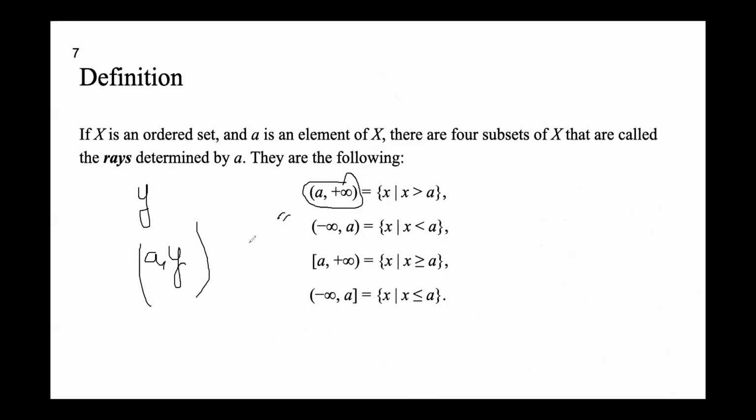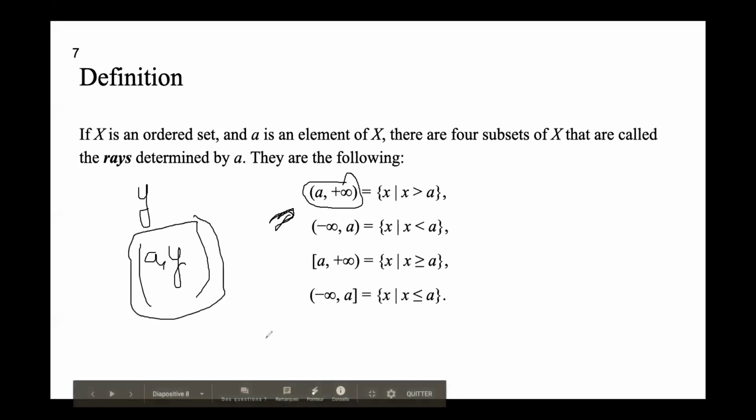At least there is a subset. We want to prove that this set is a subset of the union of all elements of this type.